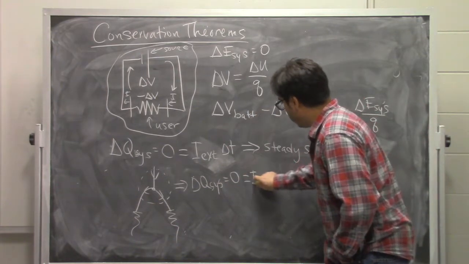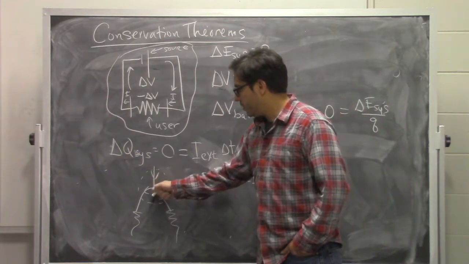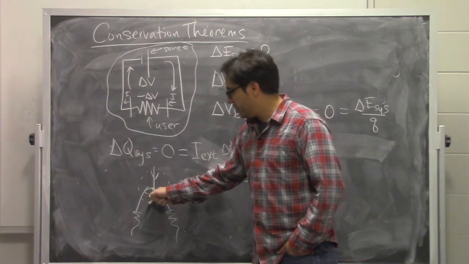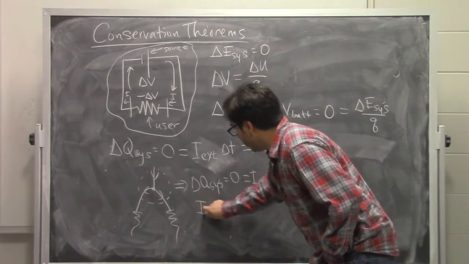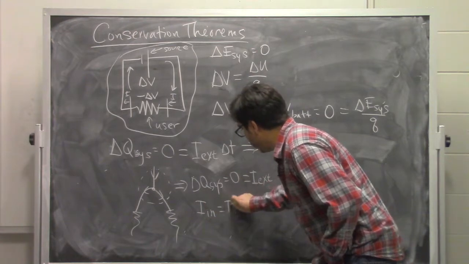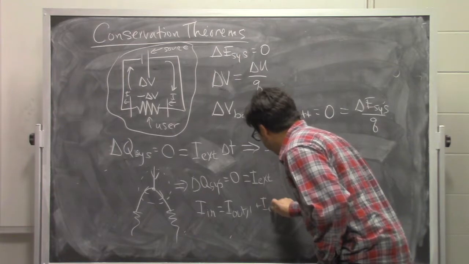Therefore, there's no external currents. Therefore, the current that goes into this location here is exactly the amount that comes out of both sides, right? So that would say that I in is equal to I out 1 plus I out 2.